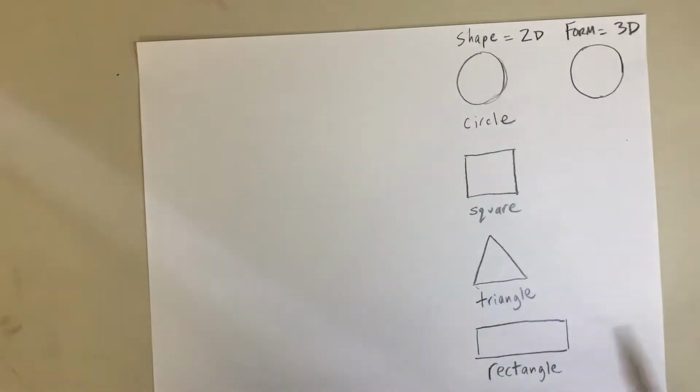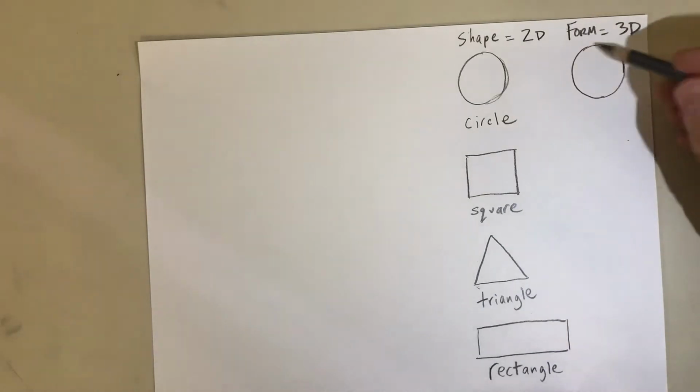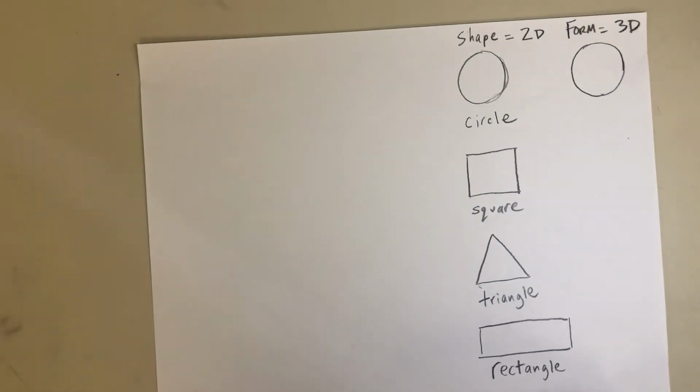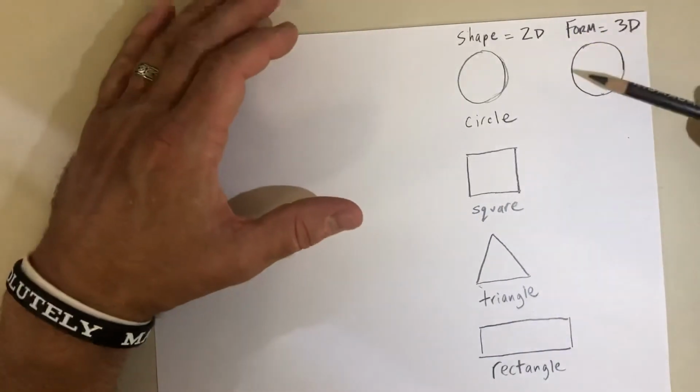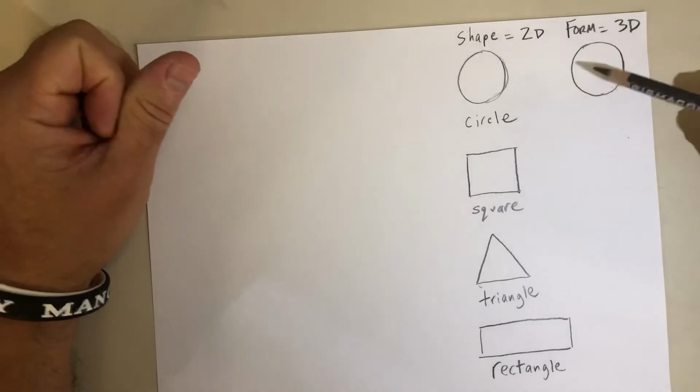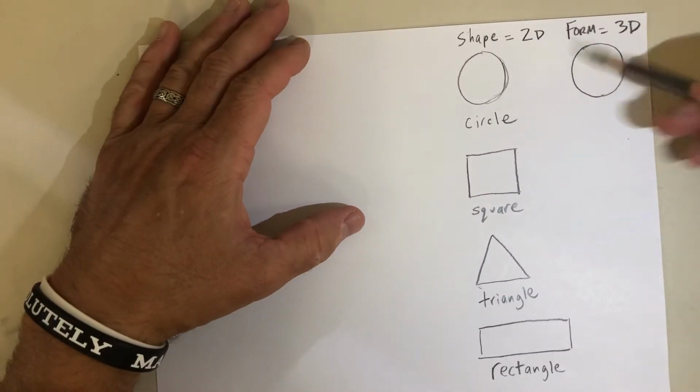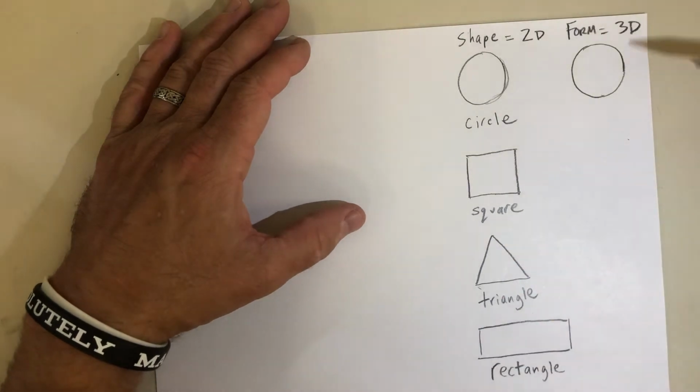So a simple way to do that would be to draw the design of a ball onto it, a type of ball that you like, a basketball, a baseball. But another way to do it is to put some simple lines that show the effect of light on the ball. And then we call that shading.